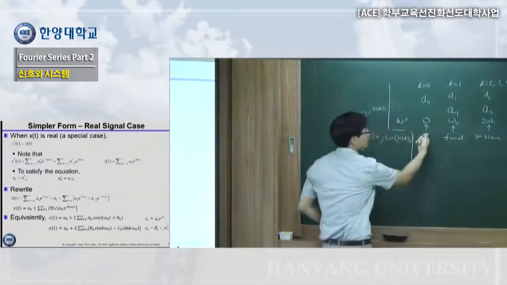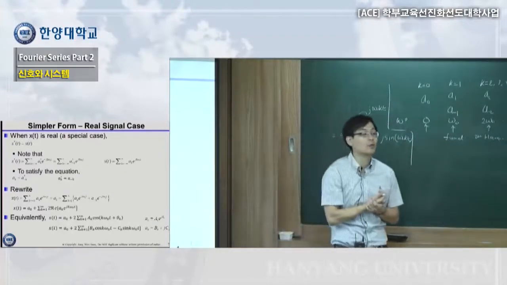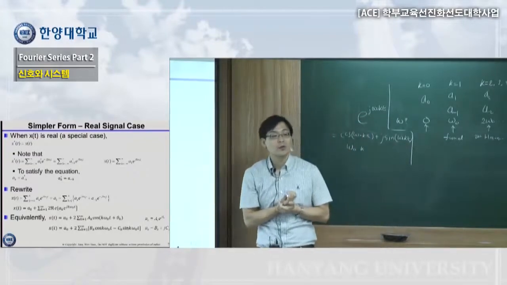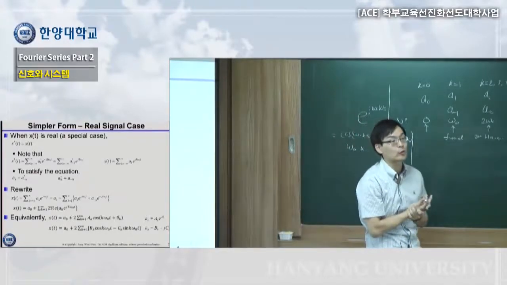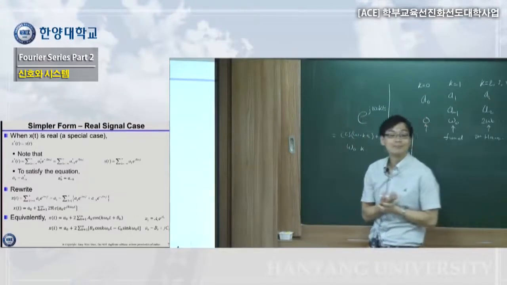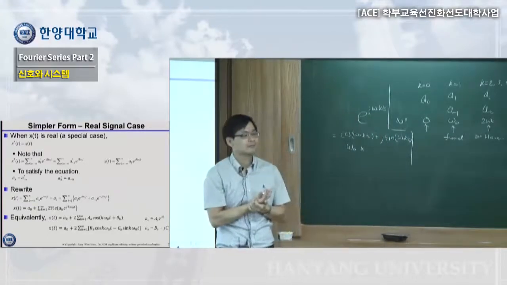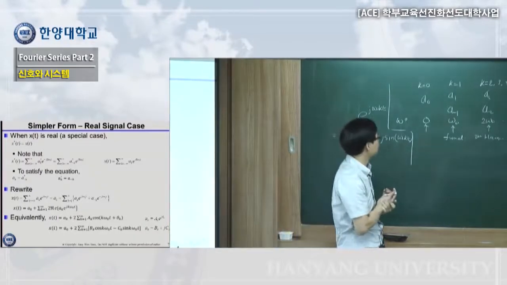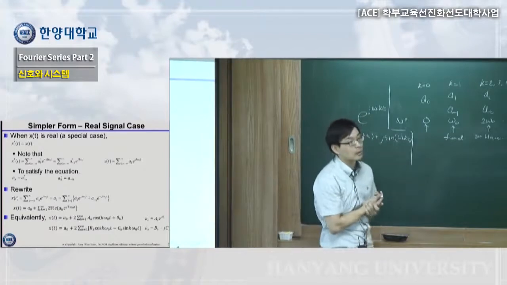What about this? What's the meaning of frequency 0? I think some of you already know the answer because it was already covered in the power electronics course. Frequency of 0 is what?